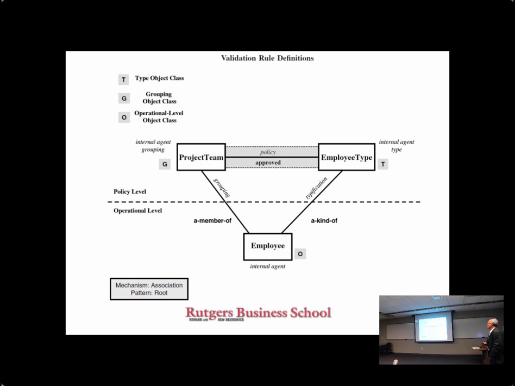Another example of a validation rule, but now the pattern is a root. So when there are two different categories, one typification and one grouping, right, at the policy level. And here the grouping is actually projects. And typification is really employee types.